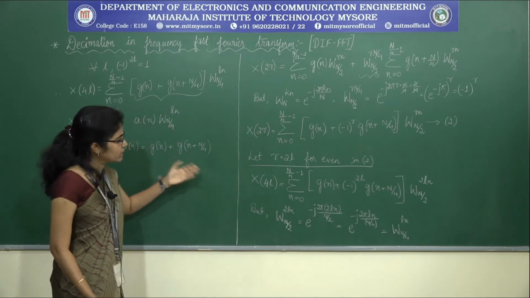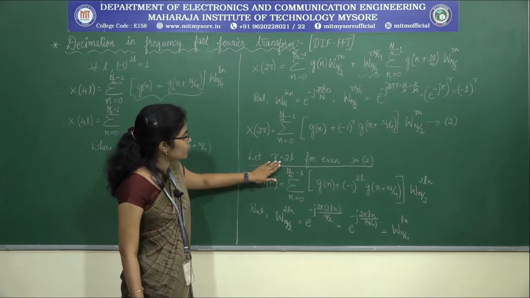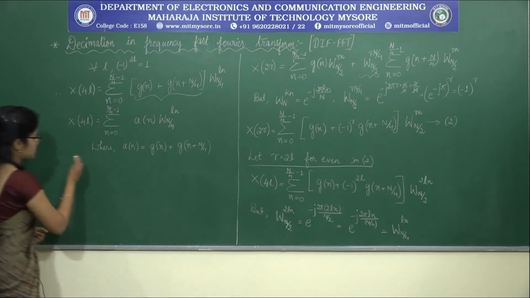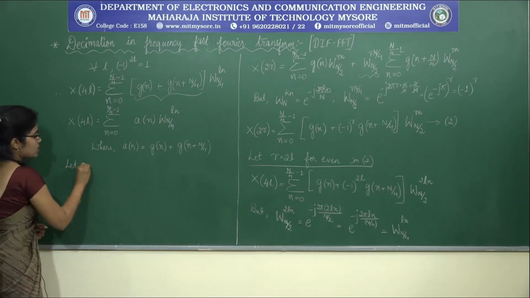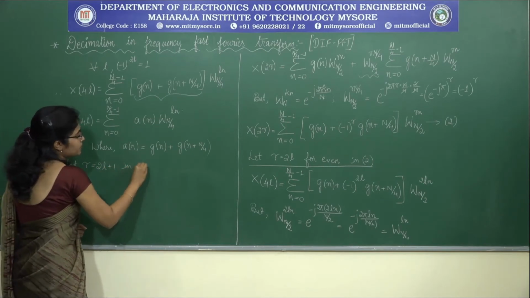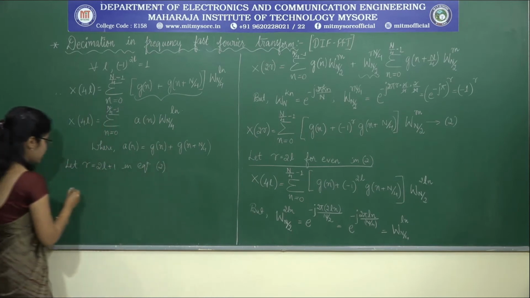So, what we need to do, again you can continue the derivation by substituting the value for r as r will be equal to 2l plus 1. So, what happens? Let r be equal to 2l plus 1 in equation 2. Let me write the equation directly.